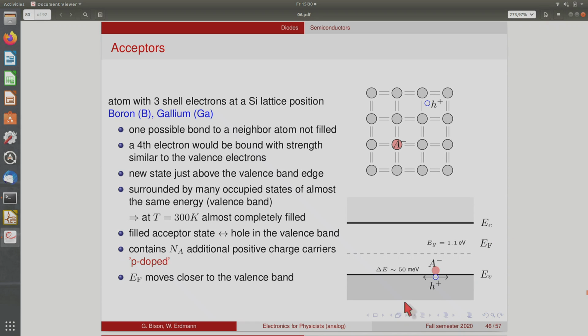So by adding a certain number of acceptors into our crystal, we get the corresponding number of mobile holes and mobile positive charges, and that's why we call this p-doping. And by doing this, we move the Fermi energy a little closer to the valence band.